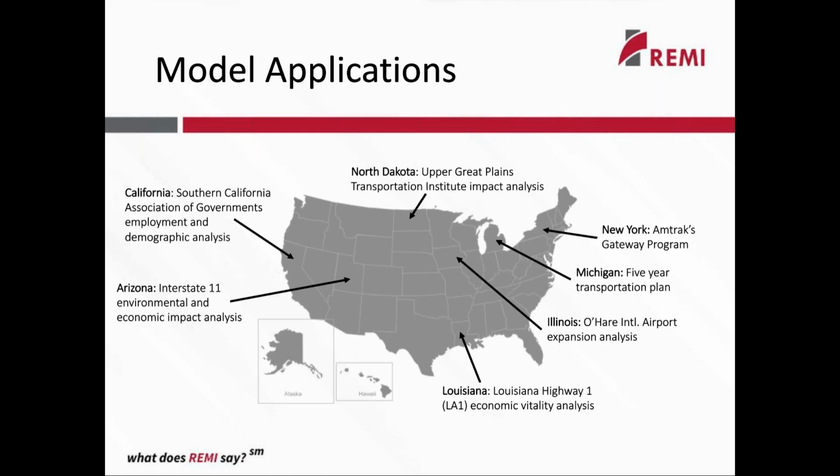So, whether it be employment and demographic analysis, environmental and economic impact analysis, economic vitality, transportation planning, these are all areas for which you can really use REMI TranSight and can see and help plan effectively to make the best decisions possible for your region.